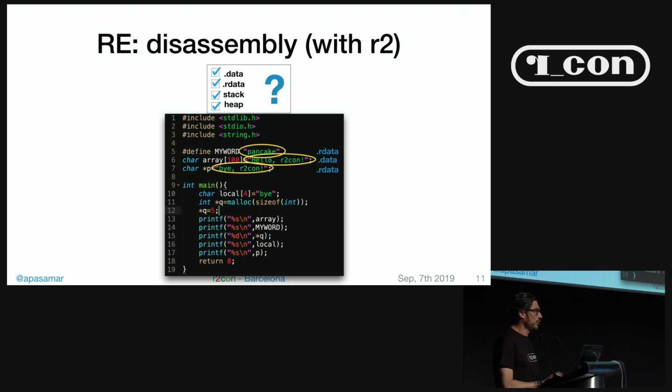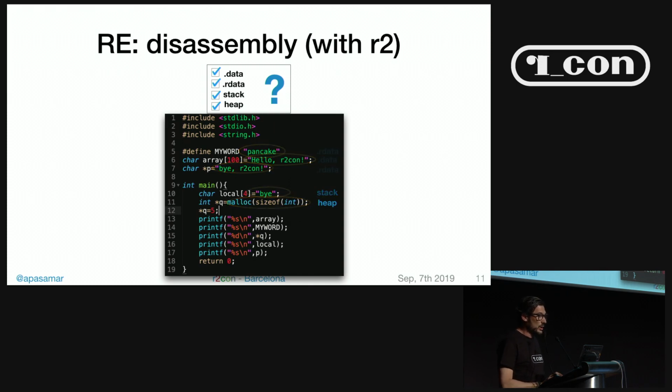It is read-only data. Why? Because the pointer is the variable that has the address, but the string you declare is fixed in read-only data, and we are going to see it now. And this one? Okay, stack. And of course, this is heap. It's important to understand this concept because otherwise it's difficult to follow the disassembly and understand where each variable and each string is located.